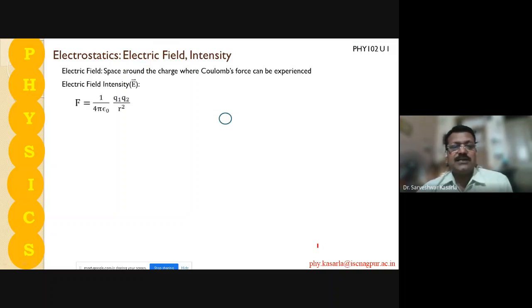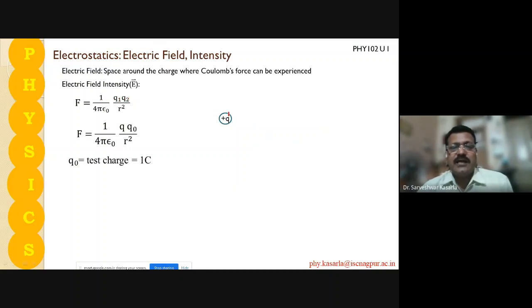If there is a charge q placed somewhere in space, then the force acting on charge will be given like this, and this is the force acting on charge q0. Q0 is a test charge. This is the force acting on q0 by charge q, because this is the Coulomb's law that we have already stated.